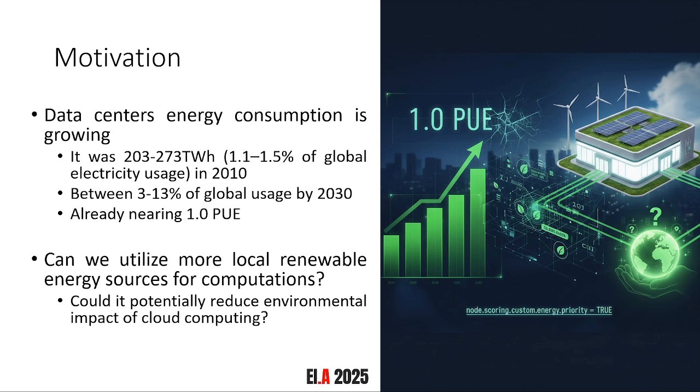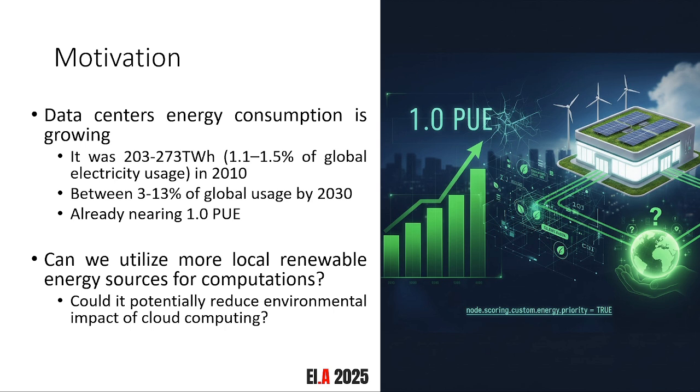Nowadays, data centers are consuming more and more energy, say for training AI, say for LLMs. In general, studies confirm that in 2010, more than 1% of global electricity usage was for data centers, and the prediction is that by 2030, data centers will eat between 3 and 13% of electricity.